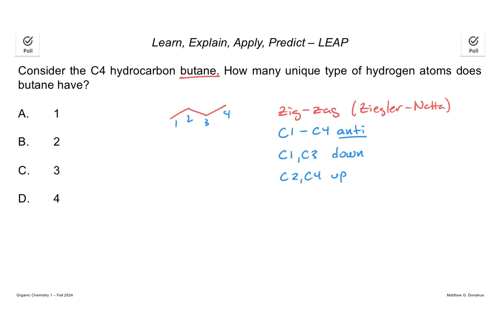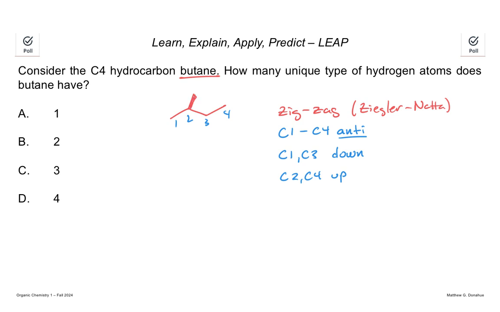When we're putting in wedges and dashes, you want to make sure that you represent the bond angle of an sp3 hybridized carbon faithfully. So if we want to put a wedge and a dash at C2, I'm going to draw the wedge coming out towards you, but these bonds have to be up. I mean, they have to point to the top of the molecule.